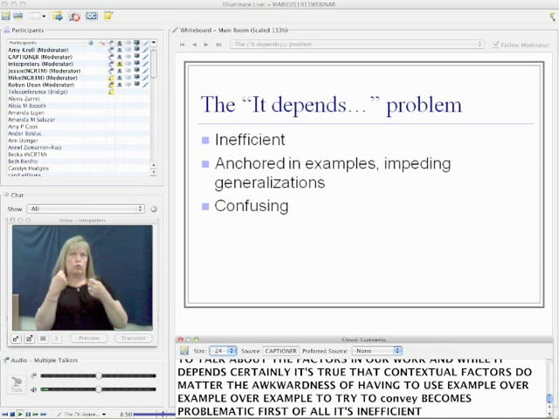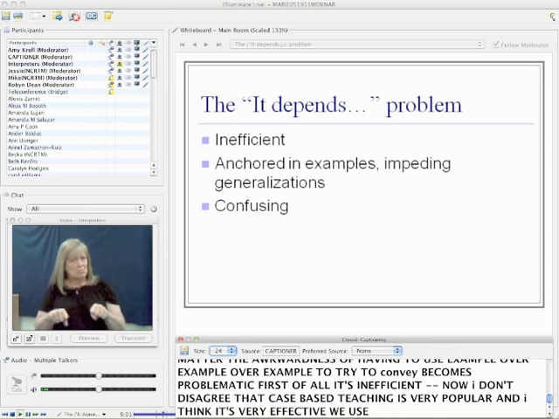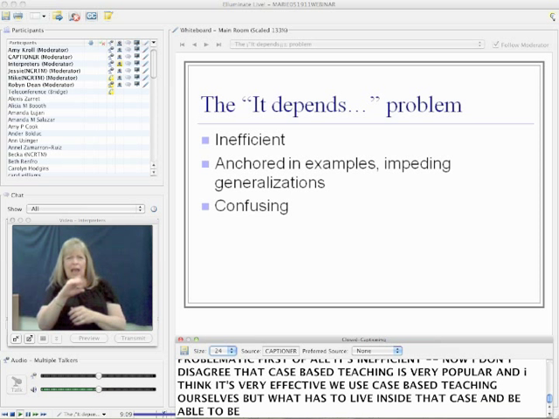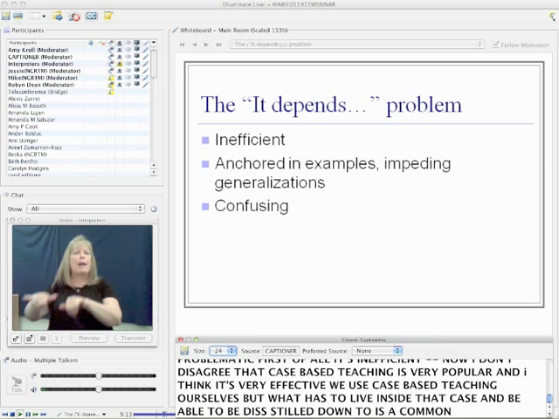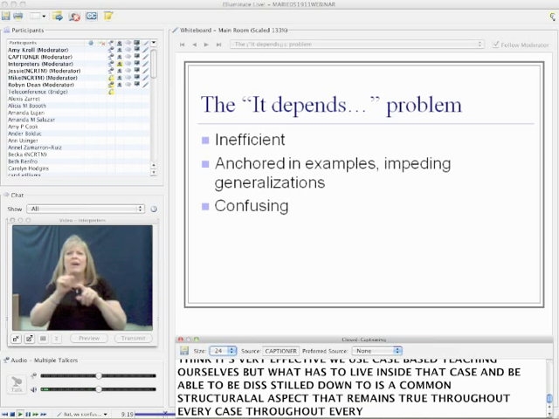Now, I don't disagree that case-based teaching is very popular, and I think it's very effective. We use case-based teaching ourselves. But what has to live inside that case and be able to be distilled down to is a common structural aspect that remains true throughout every case, throughout every example.